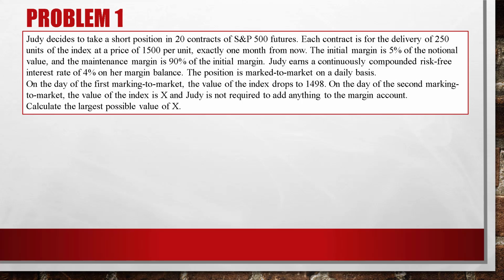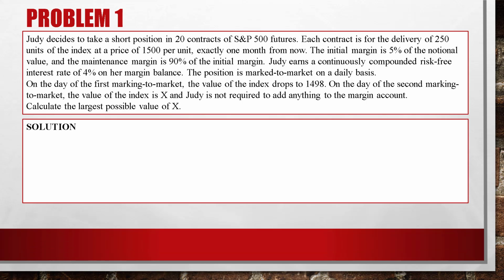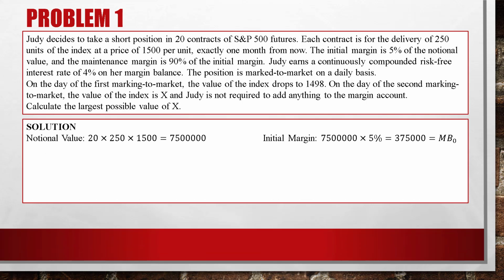Here, the notional value is the product of 20, 250 and 1500, because we have a total of 20 contracts. Each contract has 250 units, and each unit's price is 1500. So the notional value here is $7.5 million.